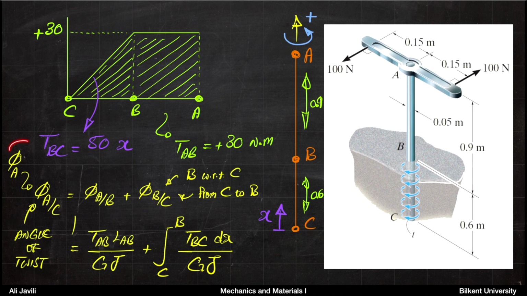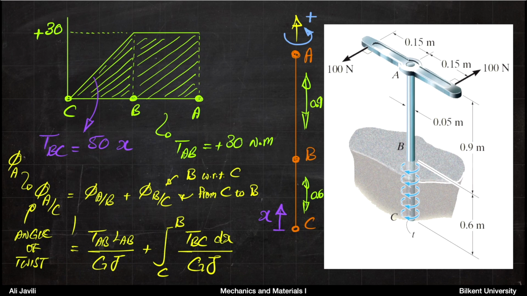So phi A, the angle of twist at A, is exactly the same as phi of A with respect to C. And phi of A with respect to C is phi of A with respect to B plus phi of B with respect to C. In order to do that, we use the formula we had. From A to B, it's constant, so you can just say it's TL over GJ: T_AB, L_AB, over GJ. GJ is the same throughout.